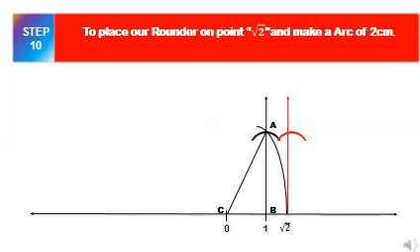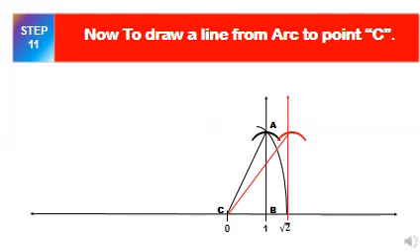To draw an arc, we will first take our scale and measure 2 centimeters, and then we will keep our pointer on the point root 2, and from that point root 2 we will draw an arc. After drawing the arc, we will draw a line from that arc to point C as we have drawn before.